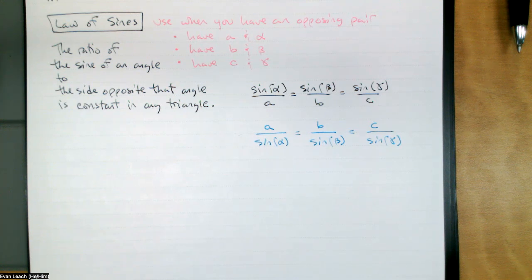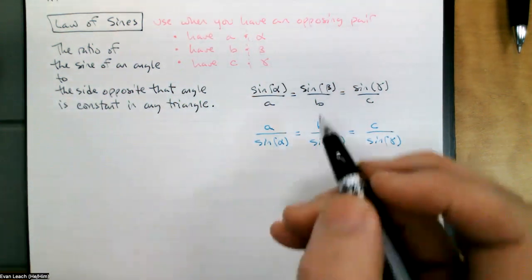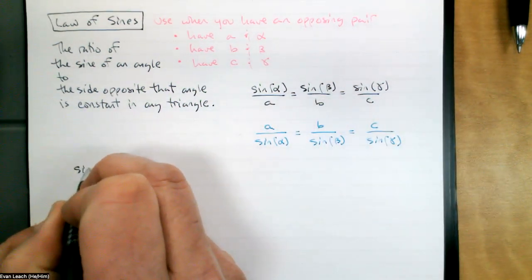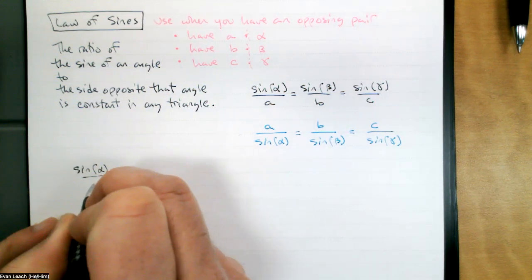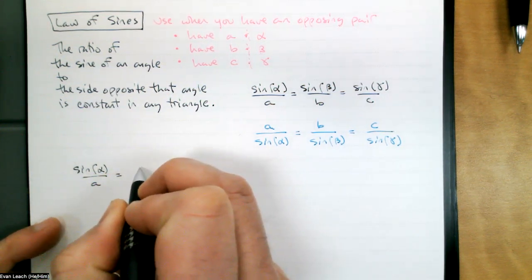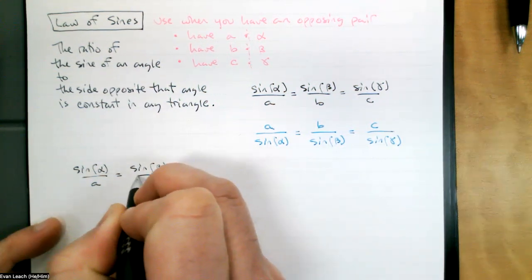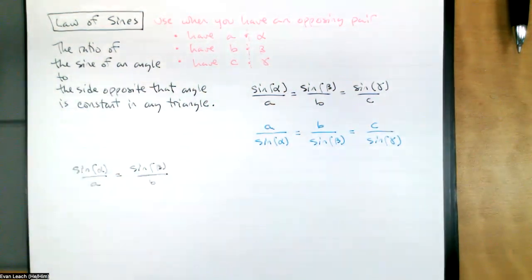Let's talk about how we could use the law of sines to solve for a side or an angle. I'm just going to use alpha and beta here. If I have sine of alpha over A is equal to sine of beta over B, I could use this to solve for A, or I could use this to solve for alpha.